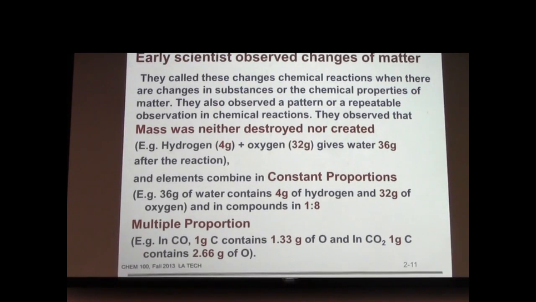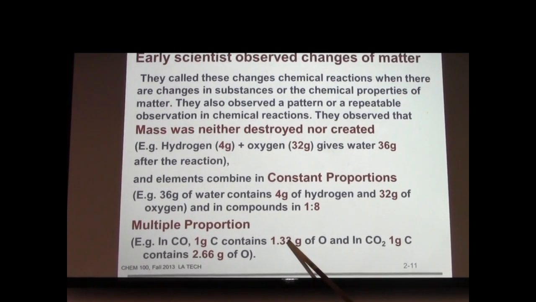What it tells you is, if two different elements combine to form two different compounds, and you take the mass of the second element for a certain number of grams of the first element in each compound, there's a multiple of 2.